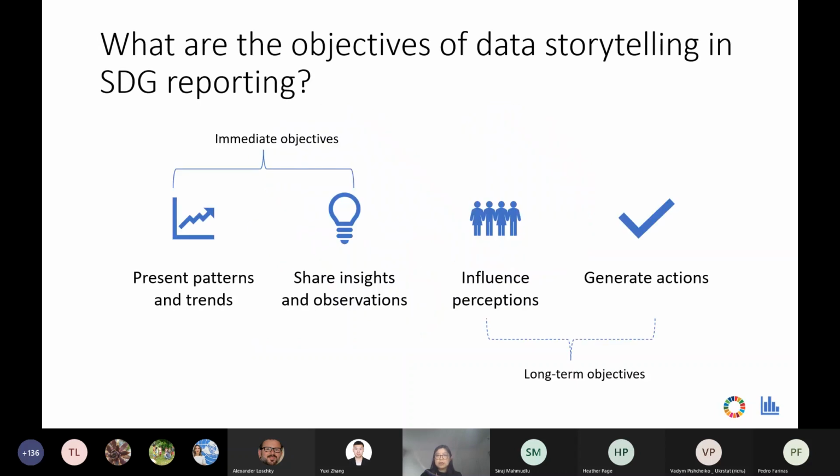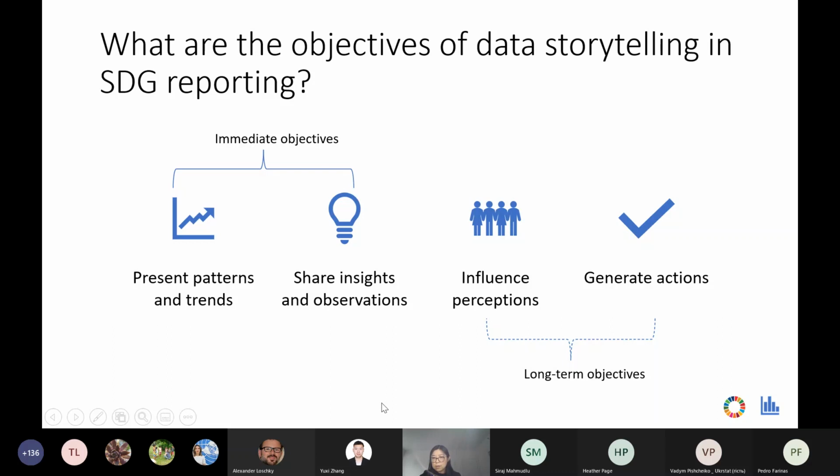This grouping naturally leads to the two kinds of objectives of data storytelling in SDG reporting. So the immediate objectives of data storytelling in SDG reporting are presenting patterns and trends, or sharing insights and observations.